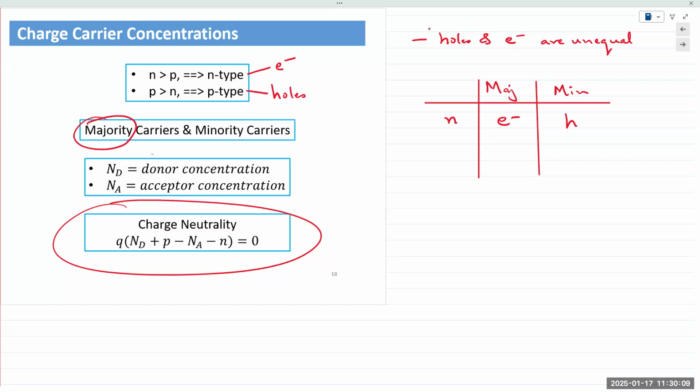And in a p-type material, the exact opposite: holes are the majority carriers and electrons are the minority carriers. This simply refers to the pure number of charge carriers. Okay, so majority and minority carriers.